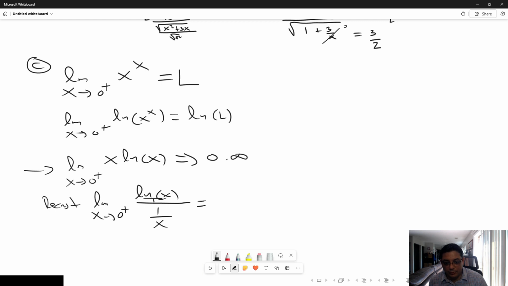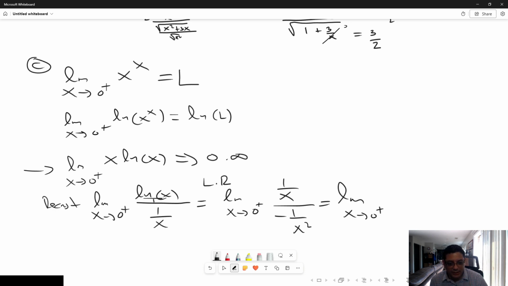Now, if I do L'Hopital's rule here, this is going to be the limit when x goes to 0 of, and the derivative of log is 1 over x, and the derivative of this one is going to be minus 1 over x squared. So I've got to be careful here because I can potentially continue doing infinity over infinity, but here, instead of doing more L'Hopital's rule and getting bigger powers, I can just simplify the fraction and multiply top with top, middle with middle, and I'm going to have minus x squared over x.